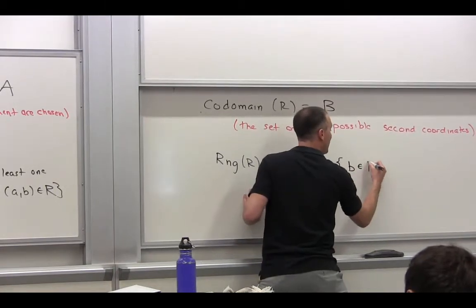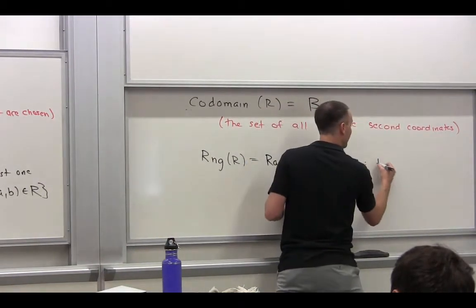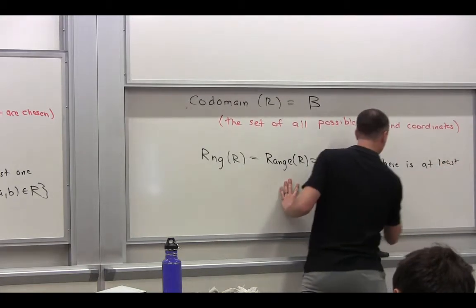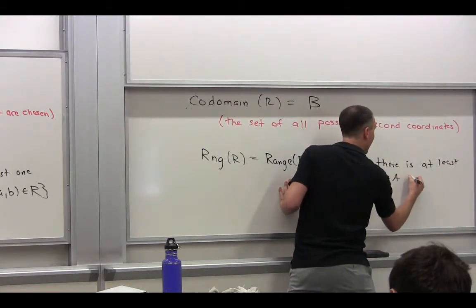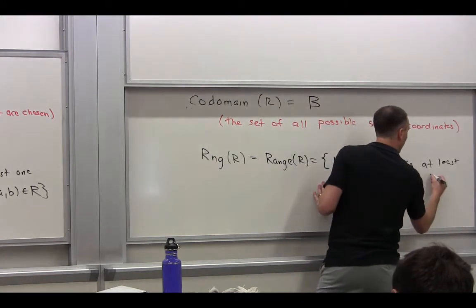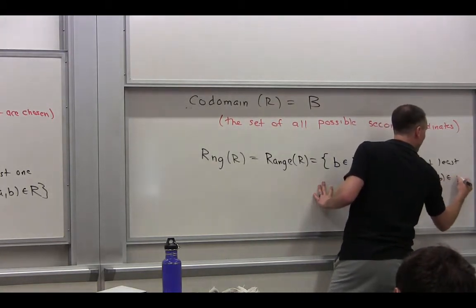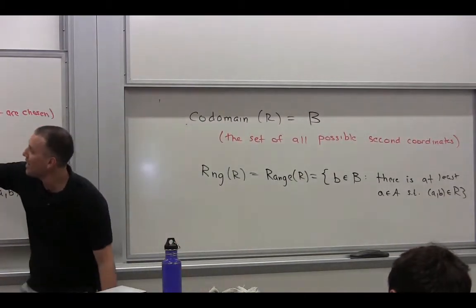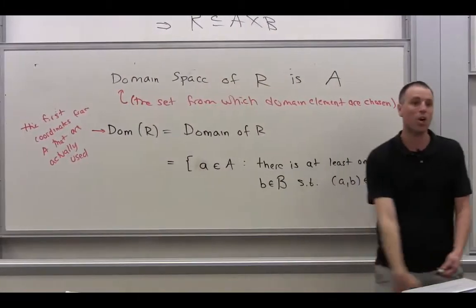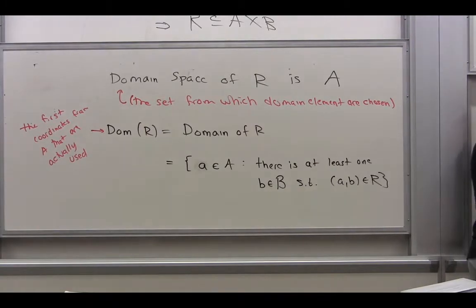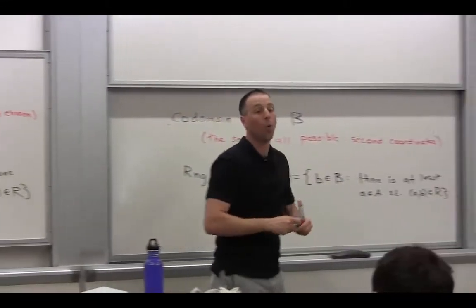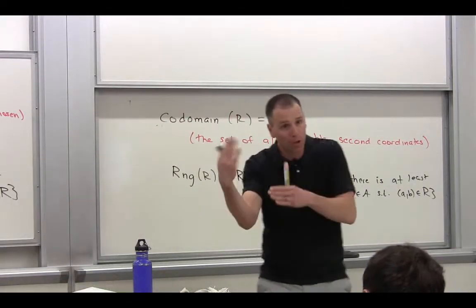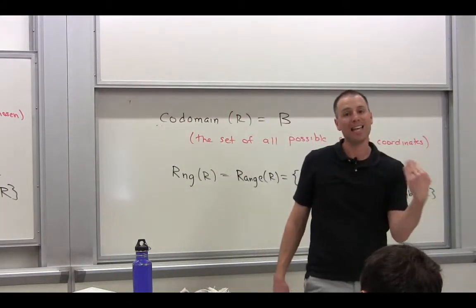It's the set of all B in the codomain such that there is at least one element A of A such that A comma B is an element of R. Analogy: the domain is to the domain space what the range is to the codomain. One of them is the pre-image, one of them exists in the input space, and one of them exists in the output space.